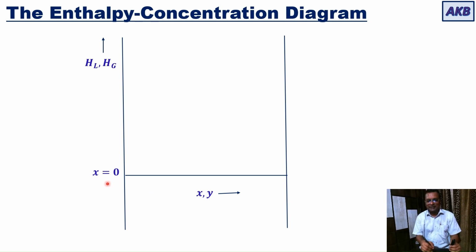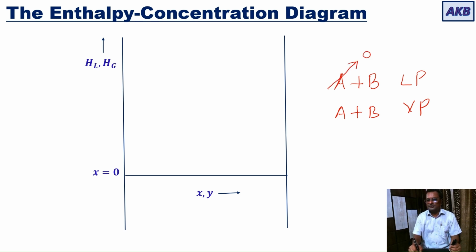So this end represents X is equal to 0 and Y is equal to 0. What is the meaning of this? When you have a mixture of two components, A and B, in the liquid phase, and you have the same two components in the vapor phase. If X is equal to 0, that means mole fraction of A in the liquid phase is 0.